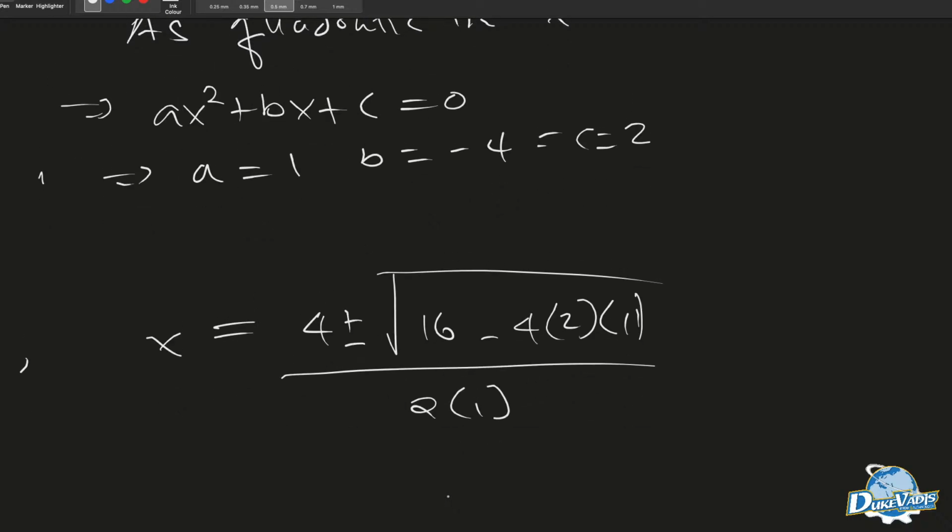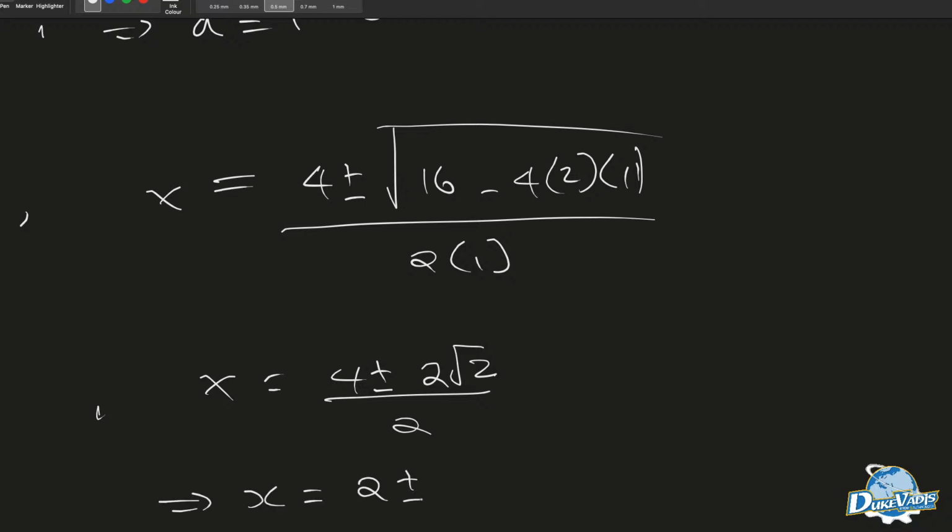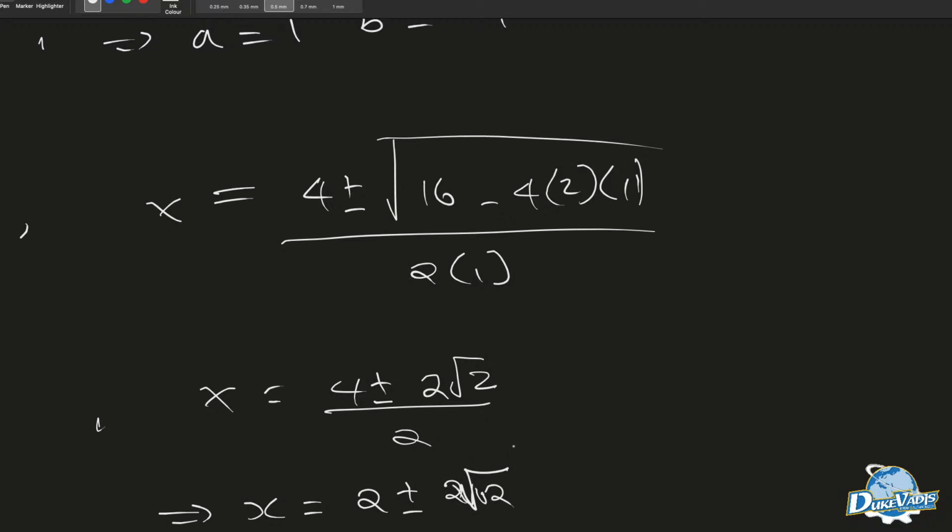If we compute it further, we get x = (4 ± 2√2)/2, which we simplify as x = 2 ± √2, okay, so we have plus or minus root 2.